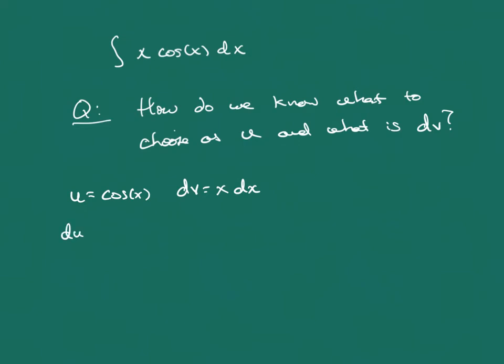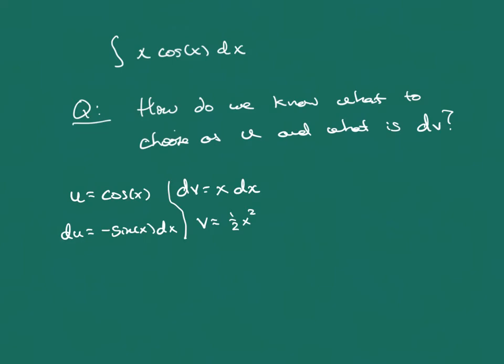So if u is going to be cosine of x, du is just going to be the derivative of that. So the derivative of cosine gives us minus sine dx. And likewise, if dv is going to be x dx, if we integrate both sides, the integral of x just gives us 1/2 x squared.